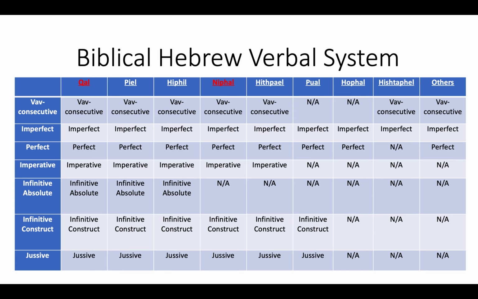Most linguists would say that at some point in the development of the language, probably the older part of the language, the way to express passive was through Kal passive, and then eventually the language developed this other form, which was the Nifal, and Nifal really took off and became popular, and Kal passive sort of dropped away and fell out of use.